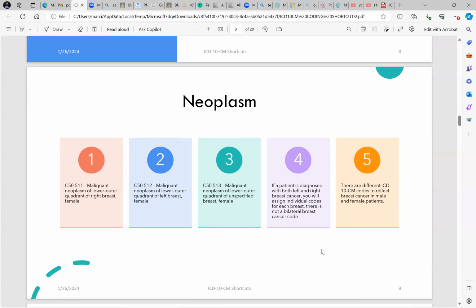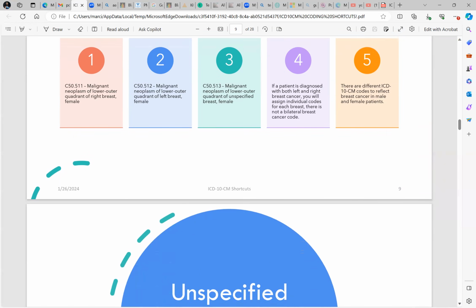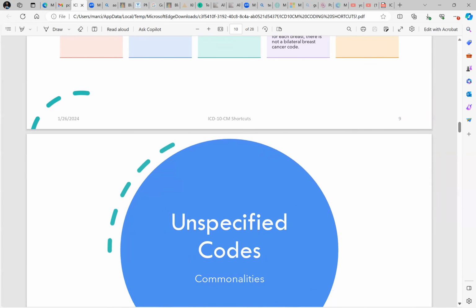So if you're reading a medical chart and the patient has cancer in the left breast and the right breast, you're going to use both of those codes to reflect that condition. You're going to use the left breast code and the right breast code. Also understand that there are different ICD-10 codes for female breast cancer and male breast cancer. A lot of people don't know, but men can also get breast cancer as well.